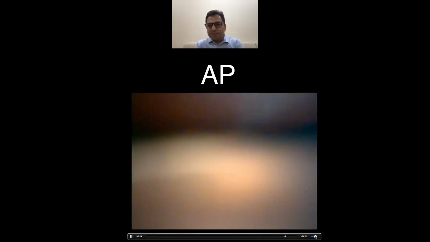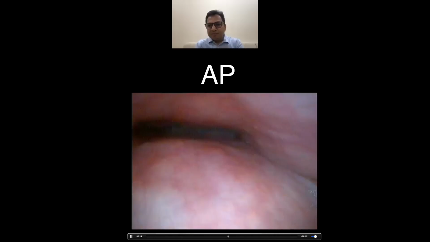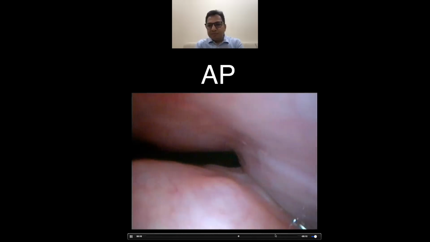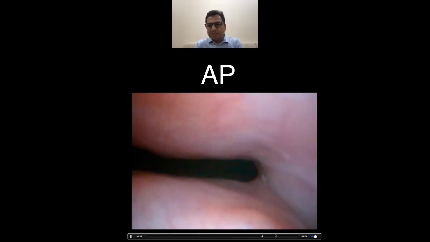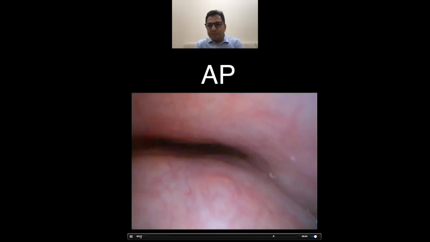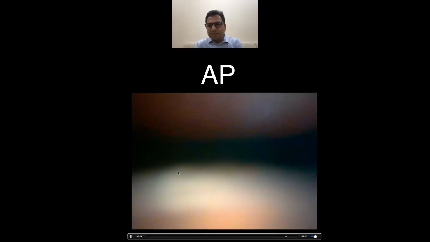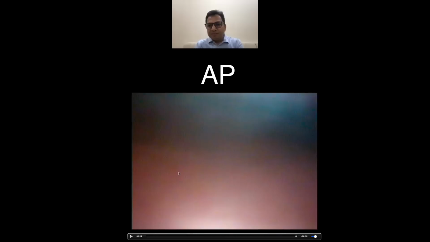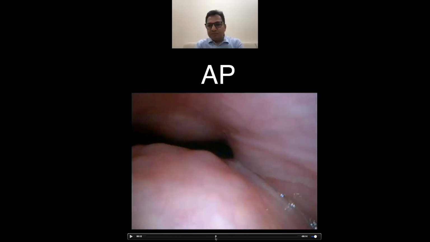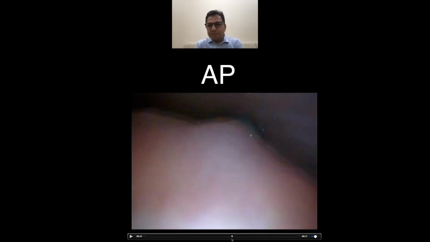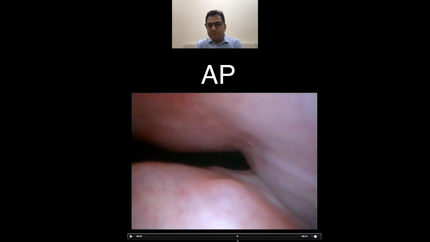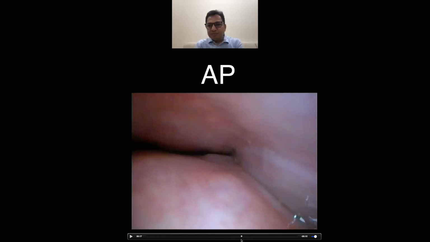As you can see here, this is actually made from the posterior part of the soft palate, the base of the uvula, and what comes next to the base of the uvula here is the posterior pillar of the tonsil, which is the arching fibers of the palatopharyngeus, right? This one, which you're seeing here, is the arching fiber of the palatopharyngeus.